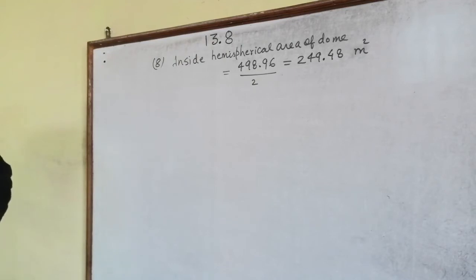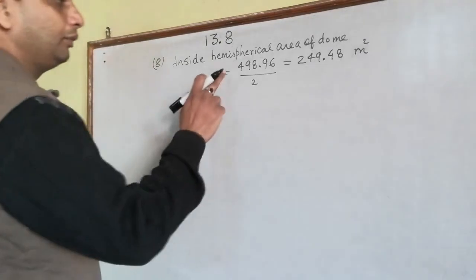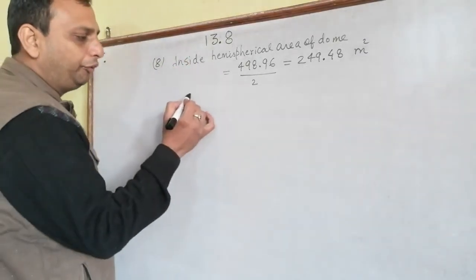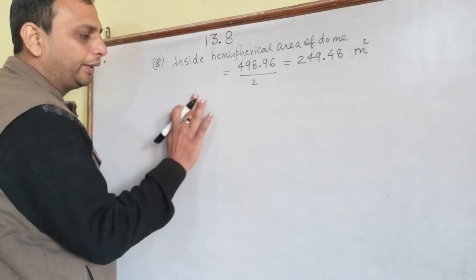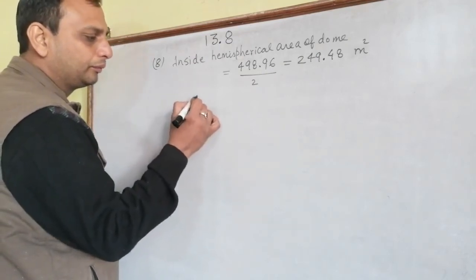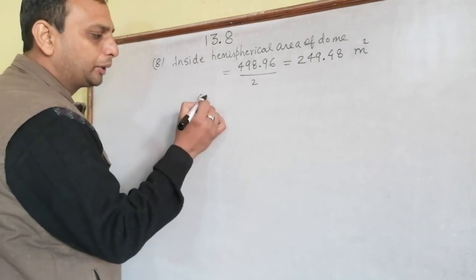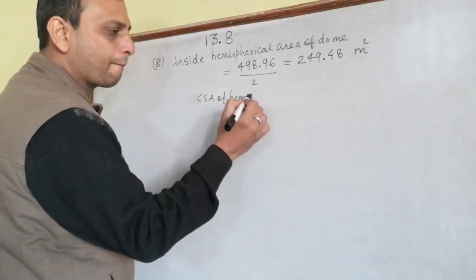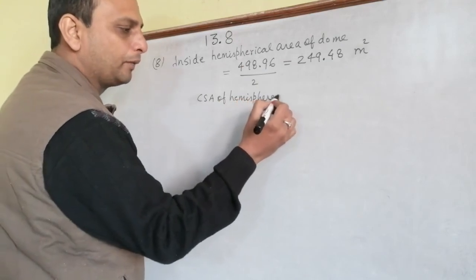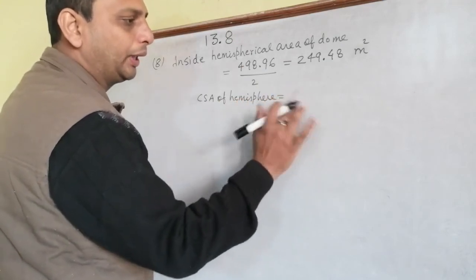Now with the help of this hemisphere area, the curved surface area of the hemisphere is equal to 2 pi r square.